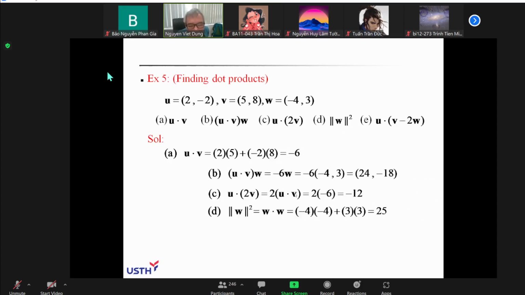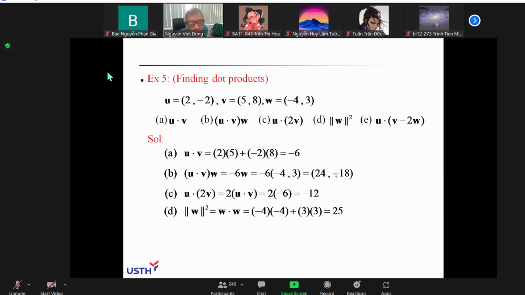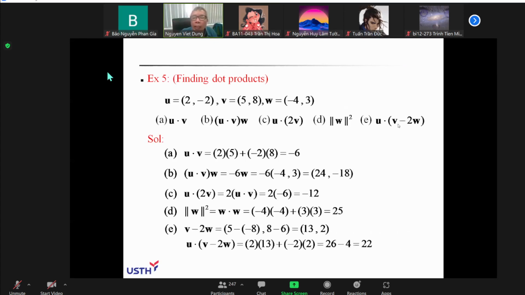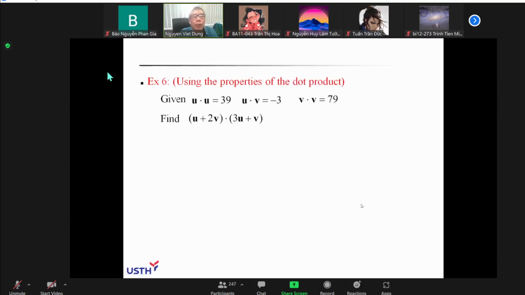And for B, C, and D, just apply the formula here and you can find them. And for the last one, first you need to find u minus 2w, and then you multiply it by u. Whenever you find it, then you can multiply it by u and get that number.